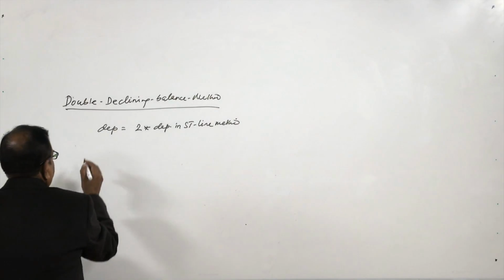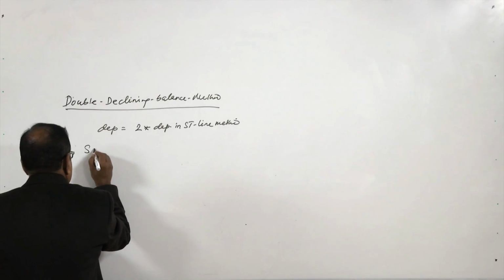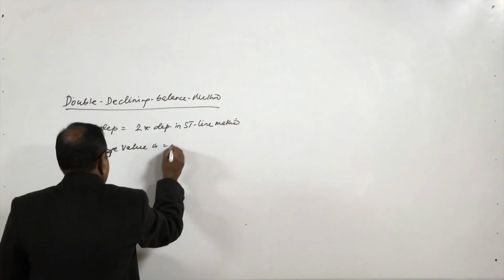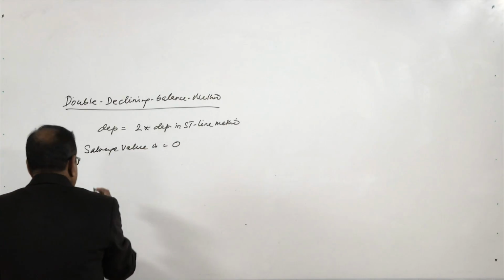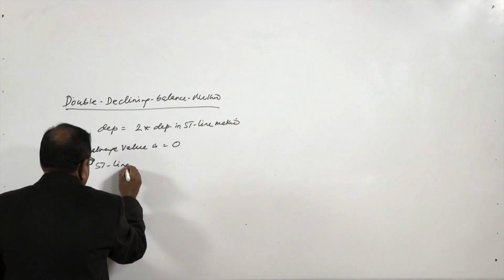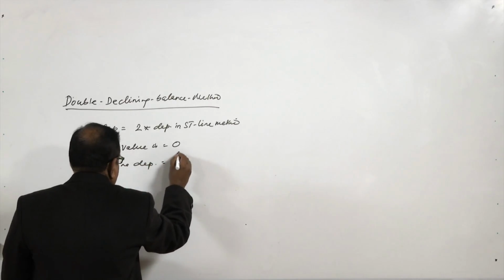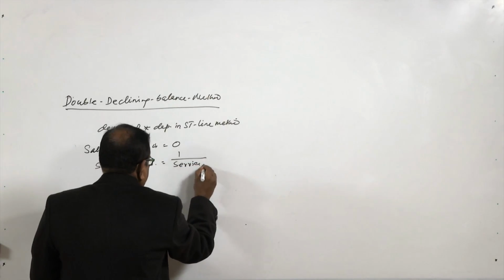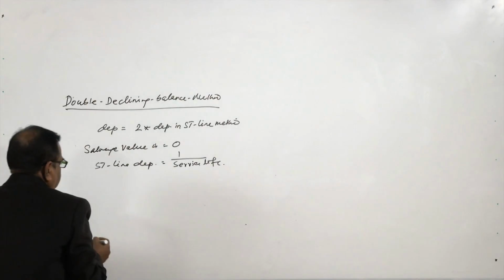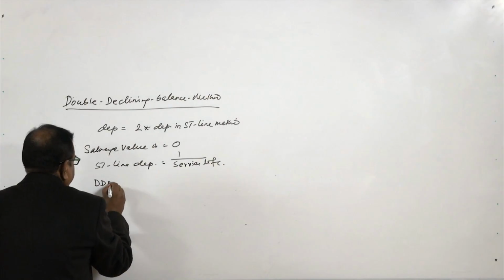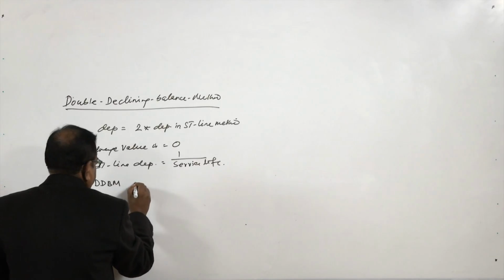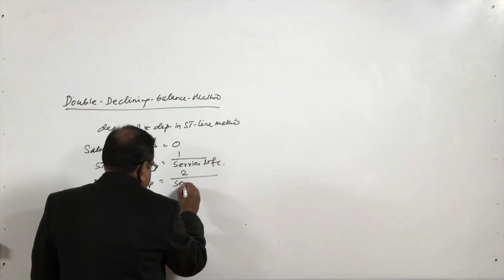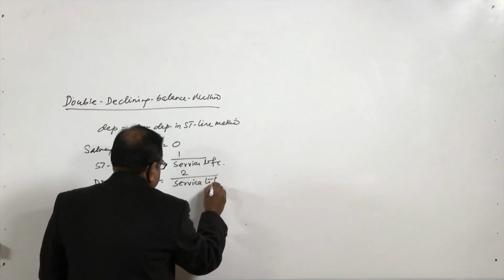If the salvage value is equal to 0, then straight line depreciation is equal to 1 by service life, and DDBM depreciation will obviously be 2 by service life.